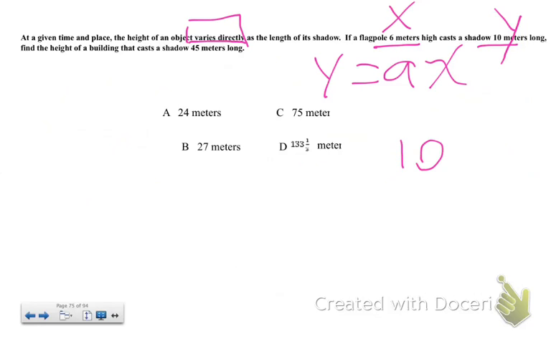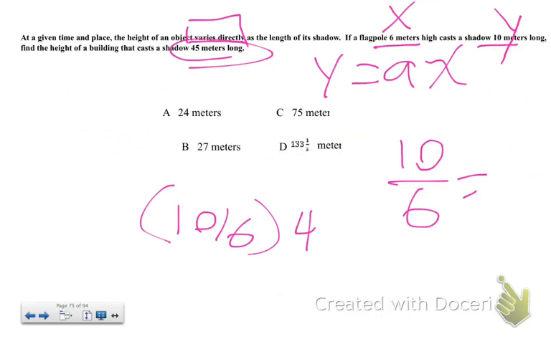So I just want you to take the second number, divide by the first, and get some number. Then take that number and multiply by the third number that's listed. So if you do 10 divided by 6 times 45, you get 75 meters.